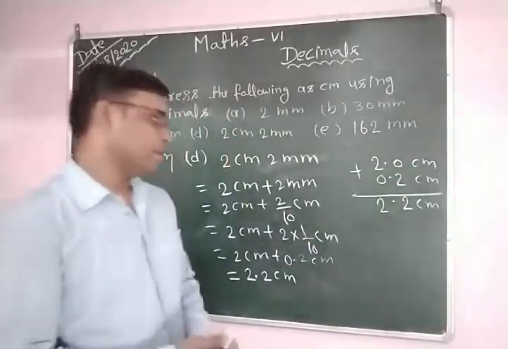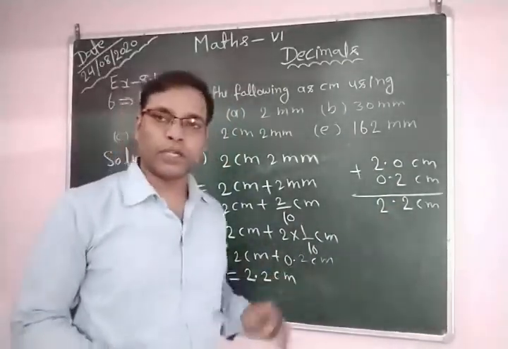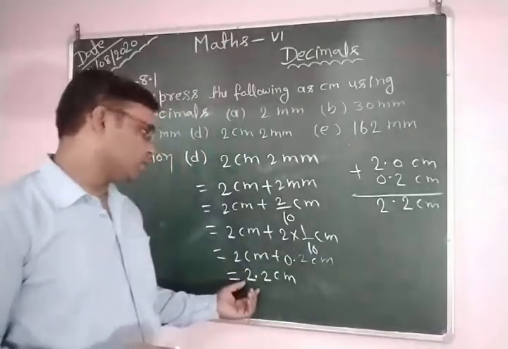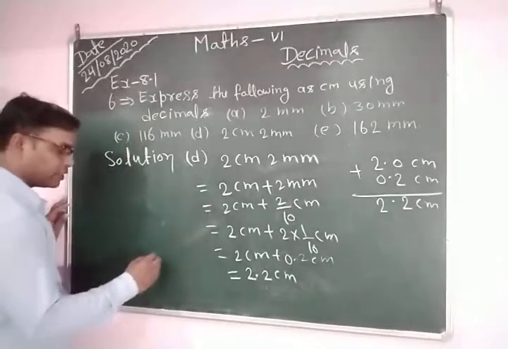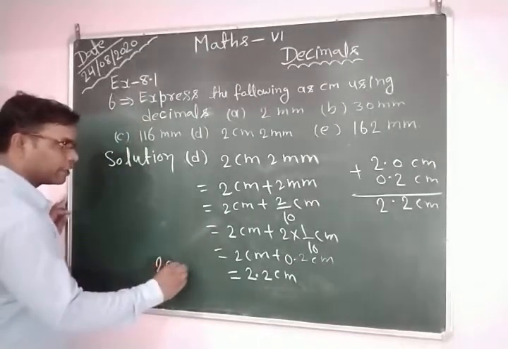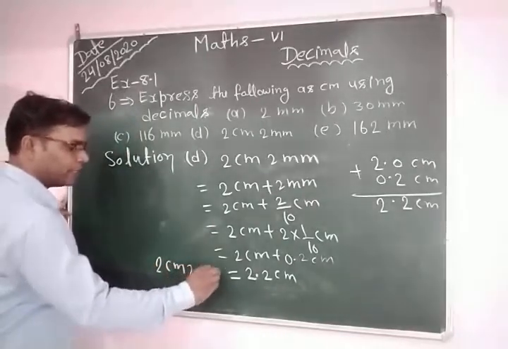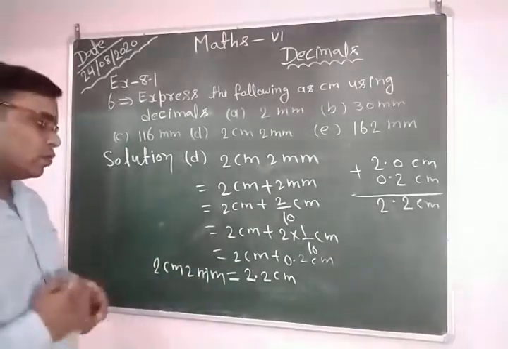So 2 centimeters 2 millimeters is equal to 2.2 centimeters.